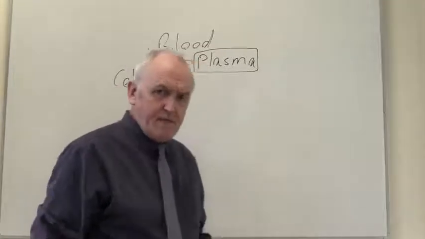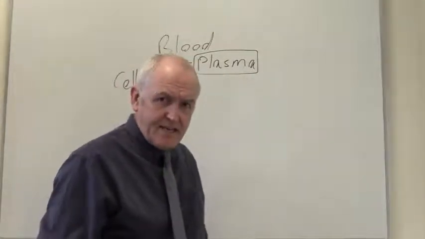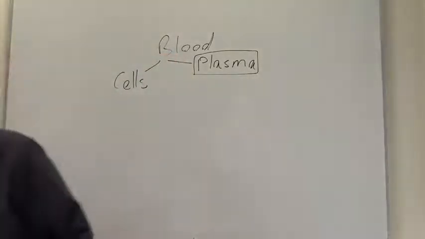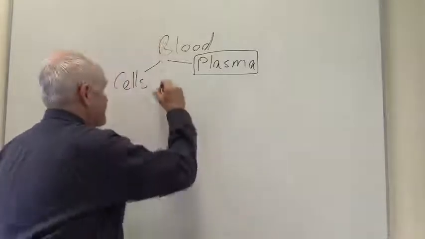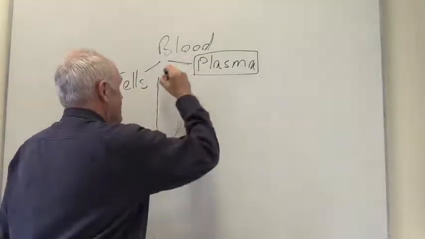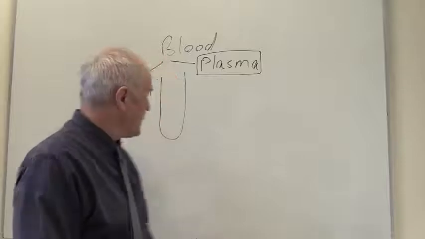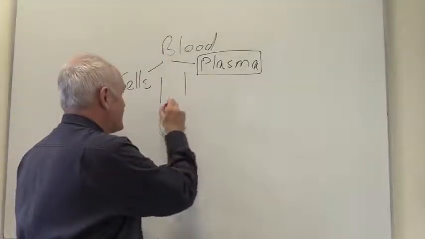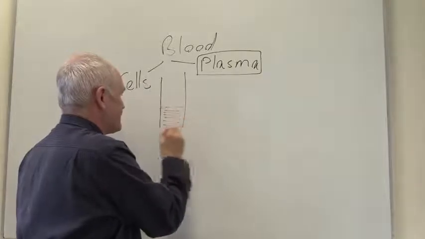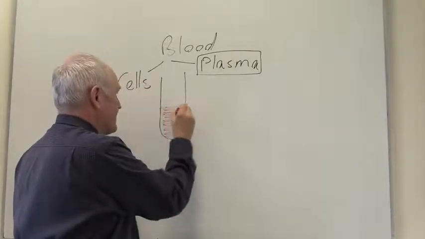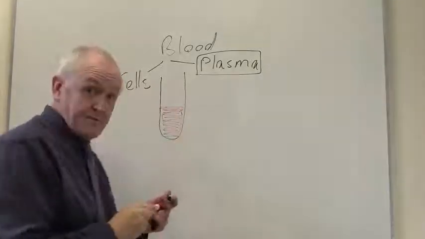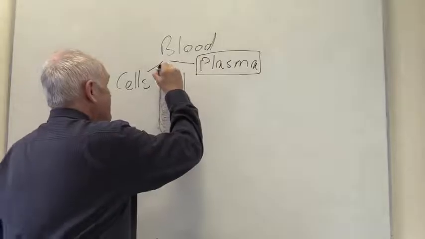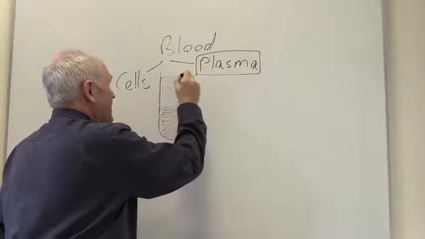Now, if you take a sample of blood, anticoagulate it, and centrifuge that blood sample, then you're going to end up with something like this. You'll have your test tube there, and the red cells will settle out on the bottom after the sample's been centrifuged. And the plasma will be a straw-coloured liquid on top.